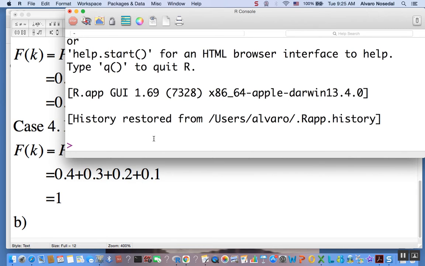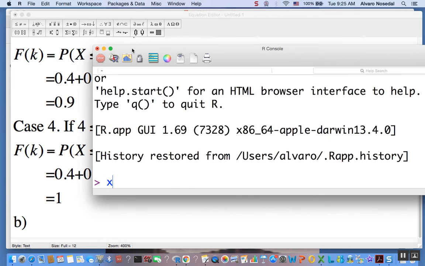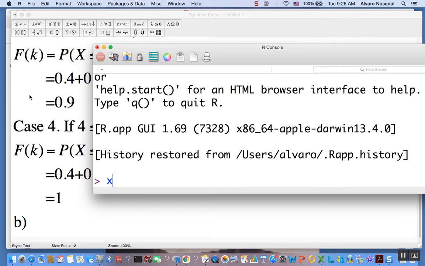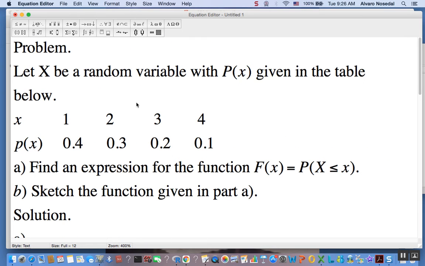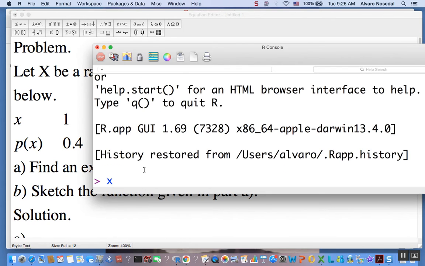Here we go. First, let's define a vector x. Okay, let me remind you that we have the possible values for a random variable being 1, 2, 3, and 4. So we have 1, 2, 3 and 4.